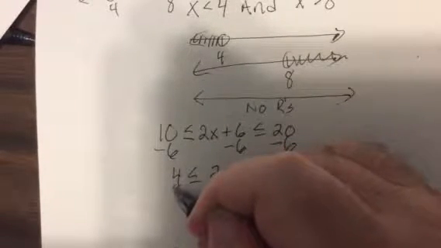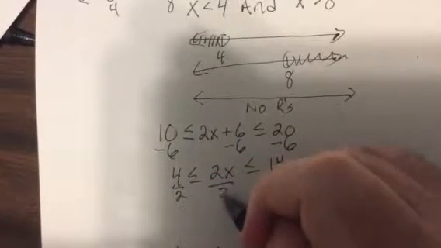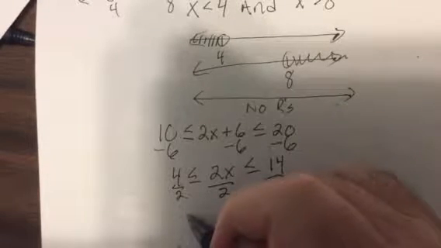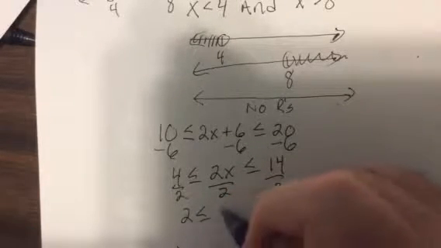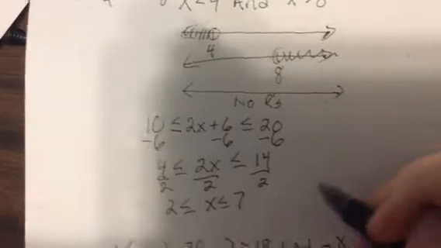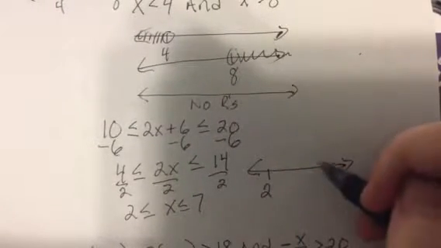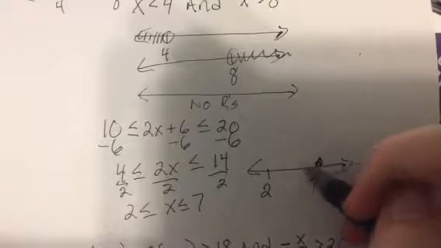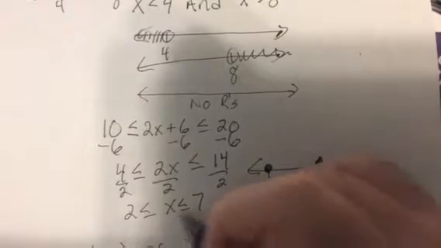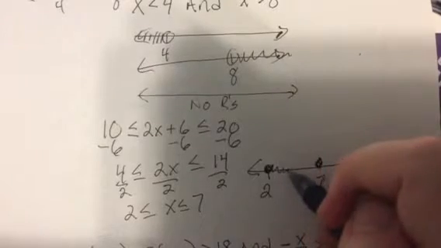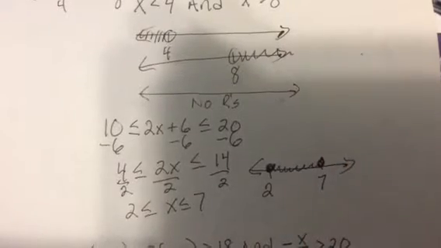Then I'm going to divide everything by 2. So it's everything between 2 and 7. So that's an easy one to graph. Put the smallest number, put the largest number. Now there's an equals, so it's solid dots, and then everything in between.